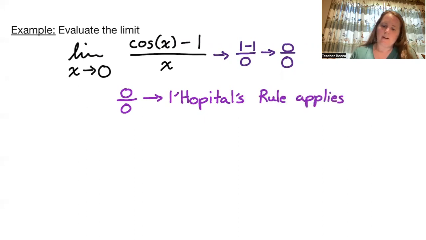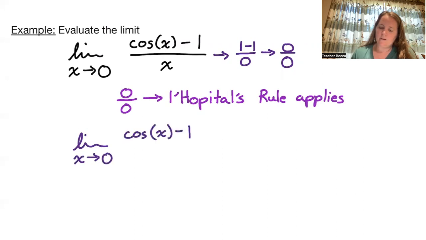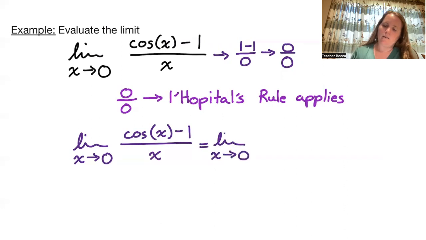So the limit as x goes to 0 of cosine of x minus 1 over x is equal to the limit as x goes to 0 of the derivative of cosine of x minus 1 over the derivative of x.